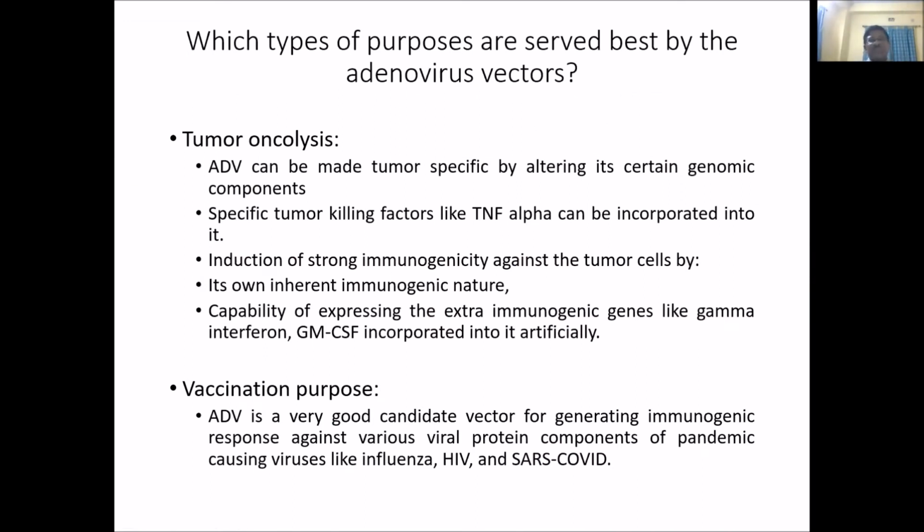Our previous questions will be answered depending on the purposes these adenoviruses and retroviruses serve. Adenovirus vectors are very useful for tumor oncolysis and vaccination purposes. Now, adenovirus, you know, can be made tumor specific, as I have already told, by altering certain genomic components or adding glycoproteins or specific antibodies to it.